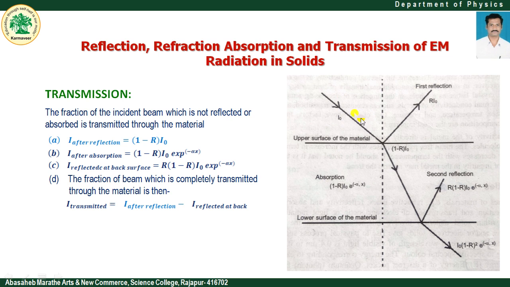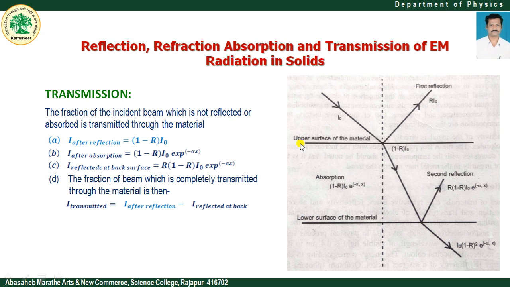Here you can see the figure. The fraction of the incident beam that is not reflected or absorbed is transmitted through the material. Okay, here the transmitted beam is shown.